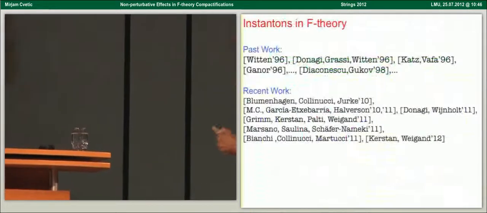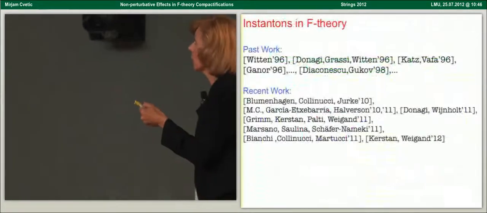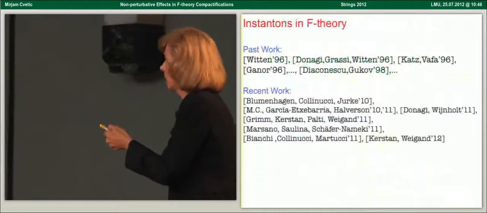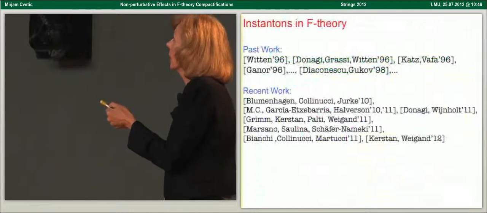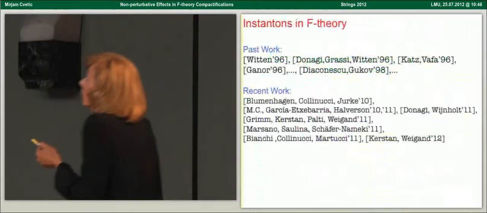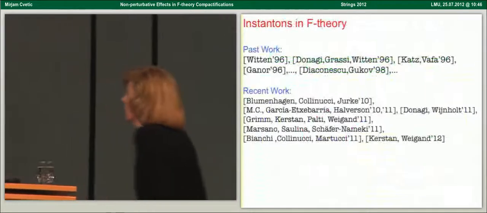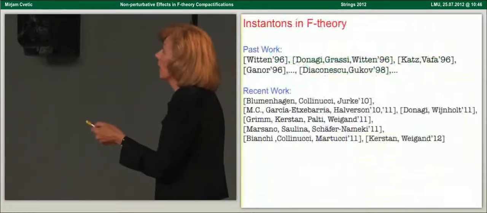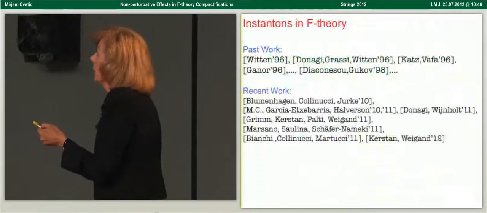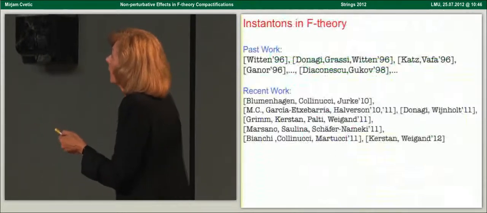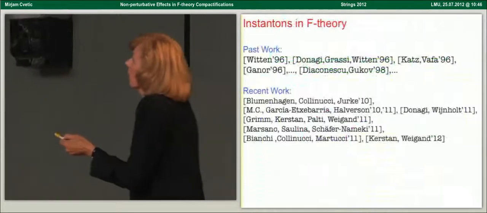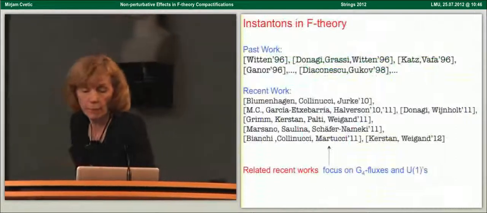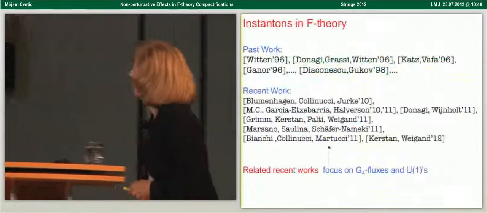But in the context of string compactification and more connection to trying to understand their effects for effective four-dimensional compactifications, the work of Blumenhagen, Cvetic, Collinucci, and Jurke introduced a lot of important concepts, and the program also by Grimm and his collaborators, and by Weigand and his collaborators, as well as other groups that have been currently pursuing the effects of F-theory instantons.